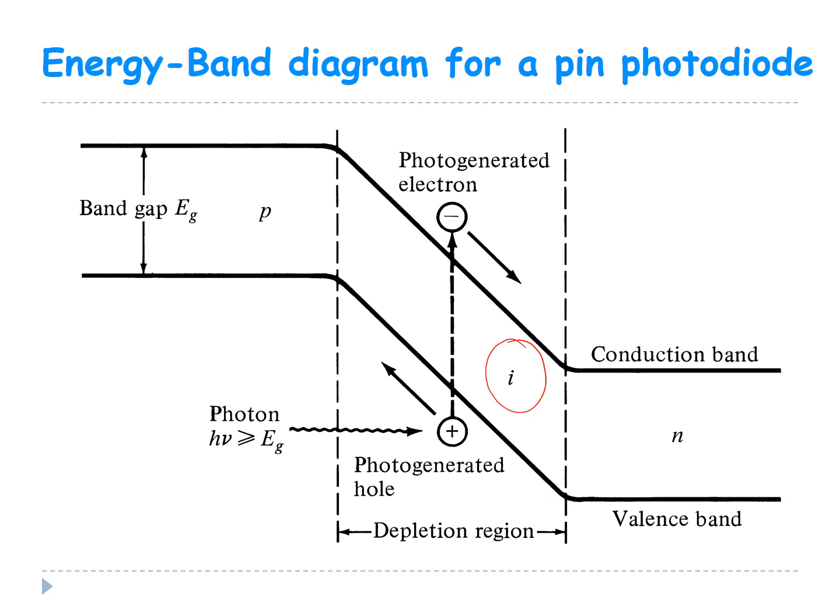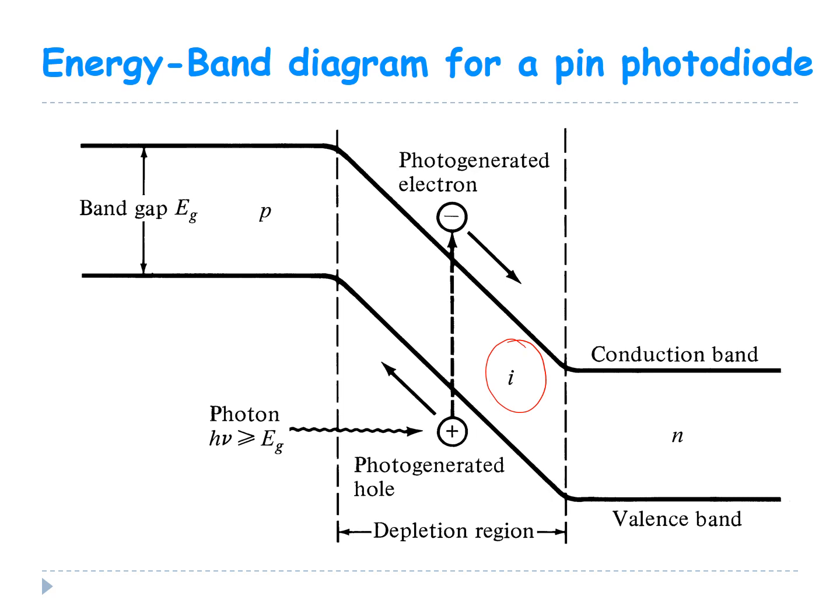So that's very good, in that the width of the depletion region is increased. It's equal to the width of the intrinsic region. So this is one way to improve the sensitivity and speed of your photodetector.